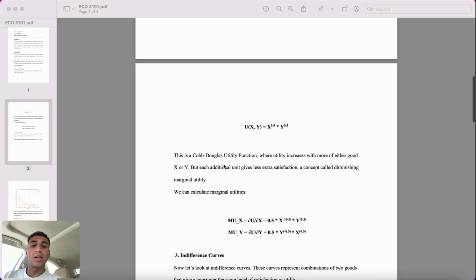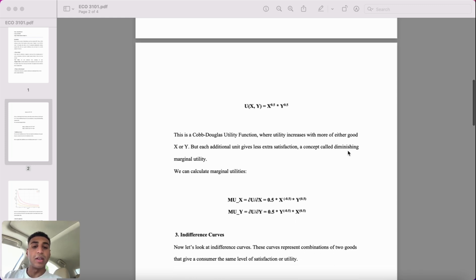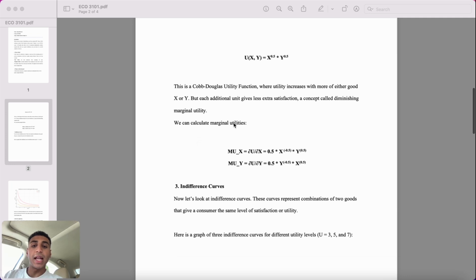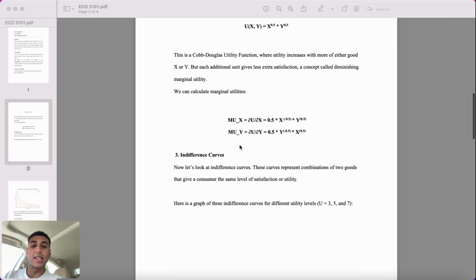This is a Cobb-Douglas utility function where utility increases with more of either good x or y, but each additional unit gives less extra satisfaction, a concept called diminishing marginal utility. We can calculate marginal utilities through these 2 functions, as you guys can see.